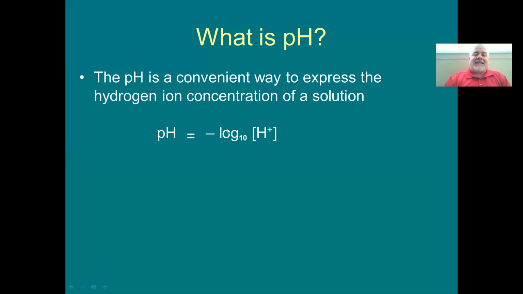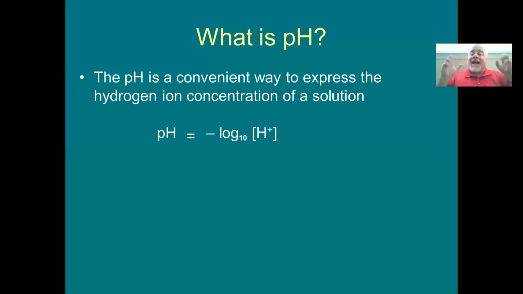What about this negative? The negative means that they are inversely correlated, meaning that as pH goes up, the hydrogen ion concentration goes down. As the hydrogen ion concentration goes up, the pH number goes down.